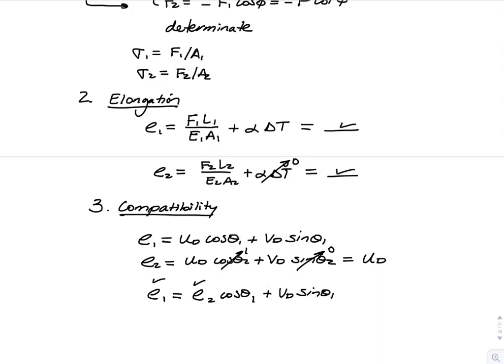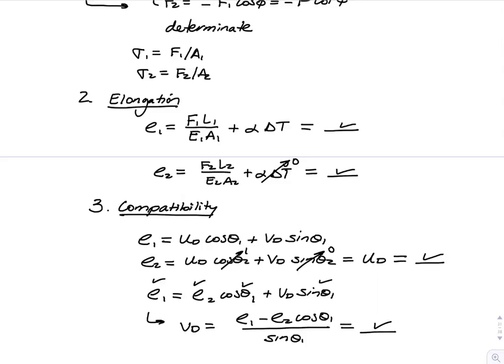Those are from the above equations. We know the angles. So it says here that the vertical component of displacement of D is going to be e1 minus e2 cosine of theta 1 divided by sine of theta 1. So this gives us V sub D, this gives us U sub D.